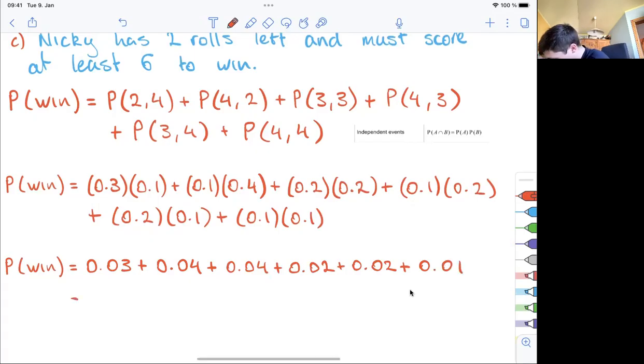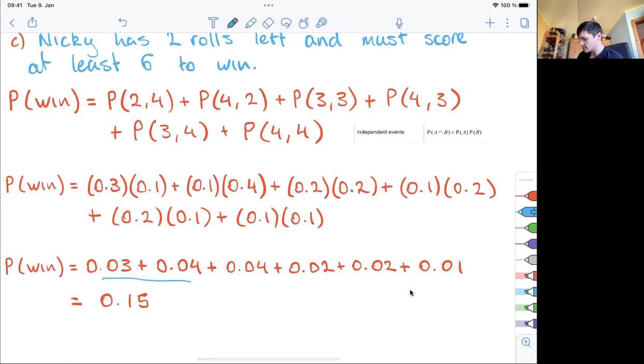Okay, cool. Now we're just going to add all these up. So we've got 0.03 plus 0.04 plus 0.04 plus 0.02 plus 0.02 plus 0.01, and that will give me 0.15. Okay, take your time with these ones. It's quite easy to get them off by one digit, but yeah, I recommend just going through.